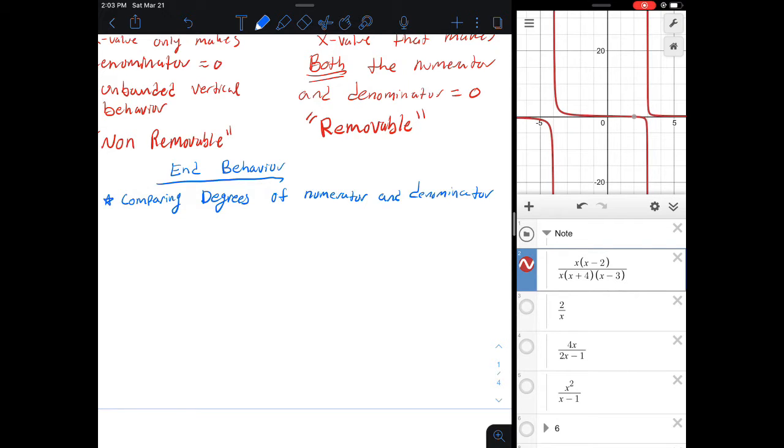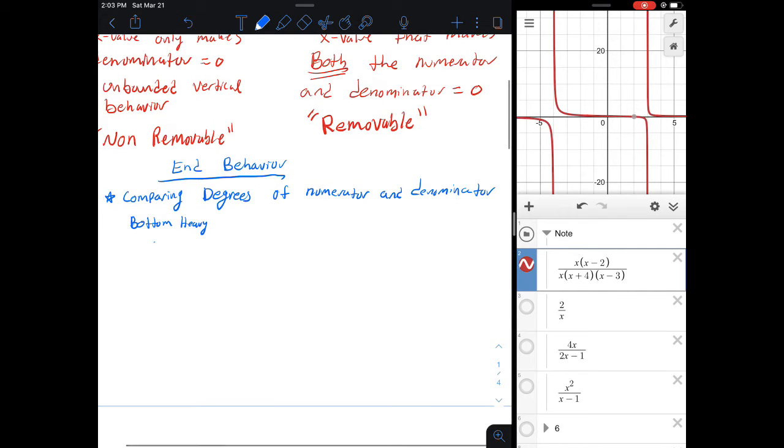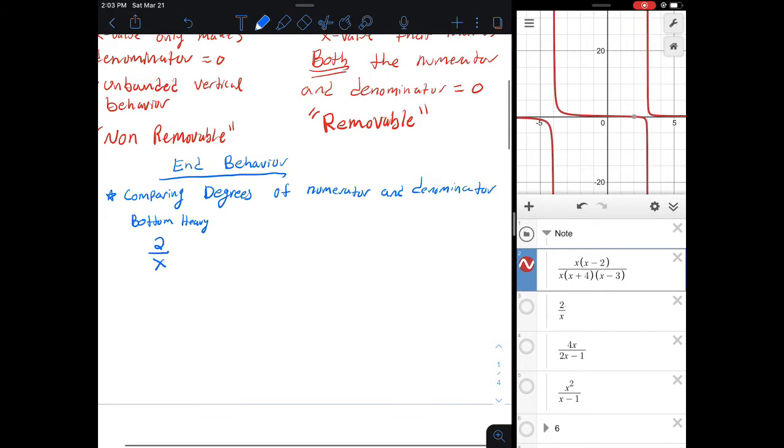Scenario 1 means it's going to be bottom heavy, which means that the bottom has the biggest exponent of x. I think of y equals 2 over x as an example. Let's look at what happens for the graph of a rational function where the biggest exponent of x is in the denominator.